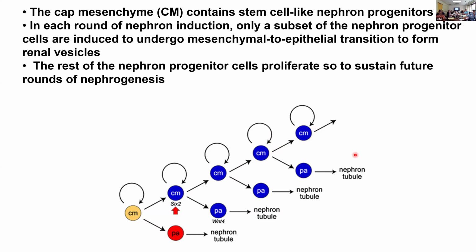That's how one can maintain rounds and rounds of nephrogenesis. But towards the end of development, if one looks at, for example, the mouse kidneys postnatally, one would see the cap mesenchyme becomes thinner, and by P4 it will be gone.